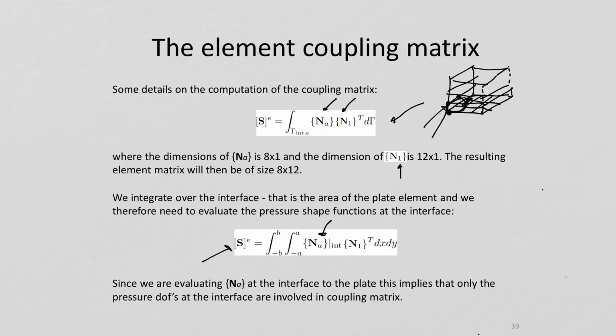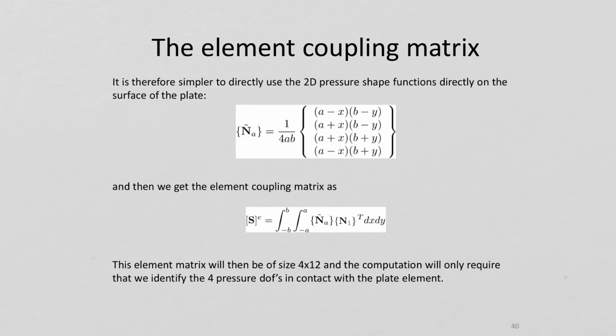It's only the degrees of freedom at the bottom, where we have the interface to the plate, that are involved. So that's why we make a bit of a simplification and see that it's much easier to just use the 2D pressure shape functions that are related to the bottom interface, so that we simply don't need to take into account the z coordinate, because we are just evaluating at the lower boundary of the 3D acoustic domain.